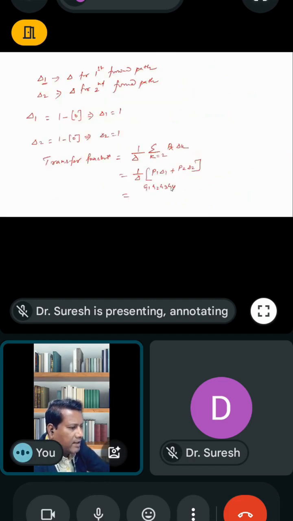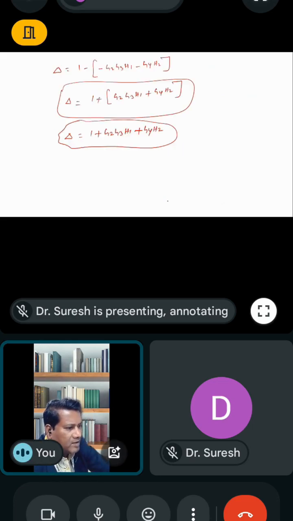G1 g2 g3 g4 multiplied with del 1, which is 1 plus g2 g5 g3 g4, p2 value, del 2 value is 1, the whole divided by the del value.